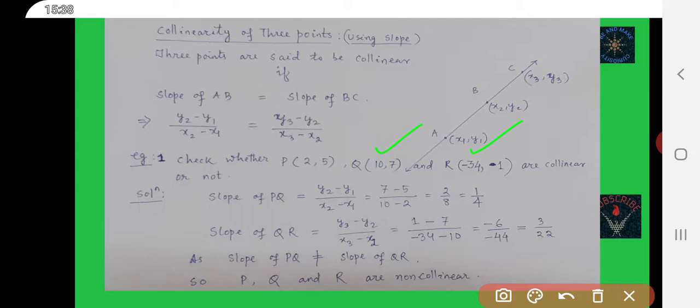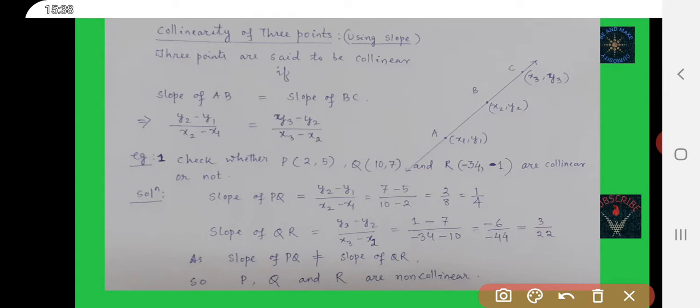You subtract, you get minus 6 by minus 44, then you cancel by 2, and we get 3 by 22, and they are not equal. 1 by 4 is not equal to 3 by 22.